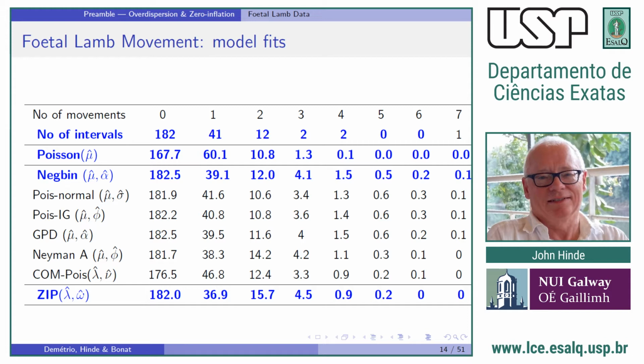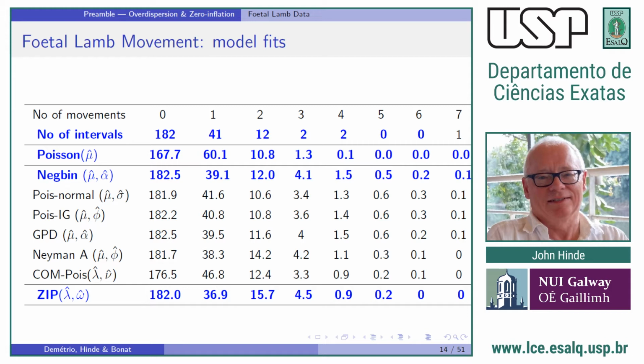But what do you notice about the zero-inflated Poisson? The fitted value here has to be the same as the observed, because when there's no explanatory variables, that happens. These are lots of different, more complicated distributions, and you can see they all do pretty much the same. This one doesn't do quite so well.